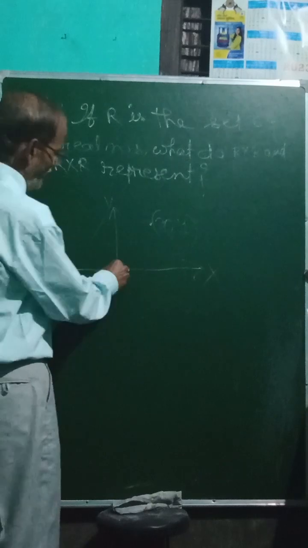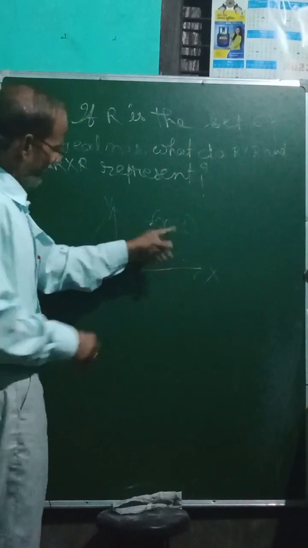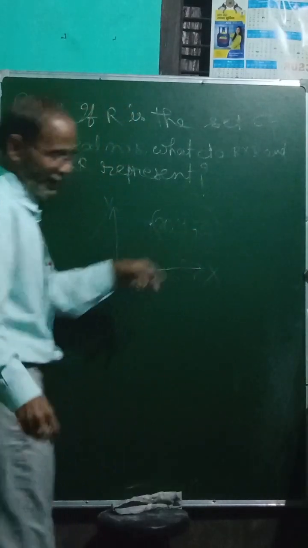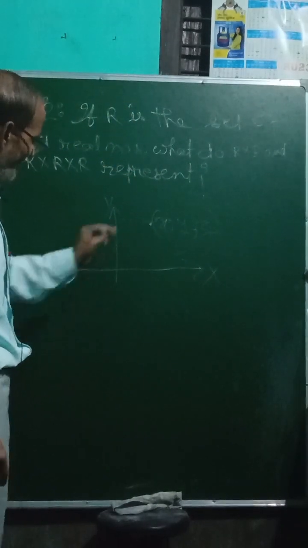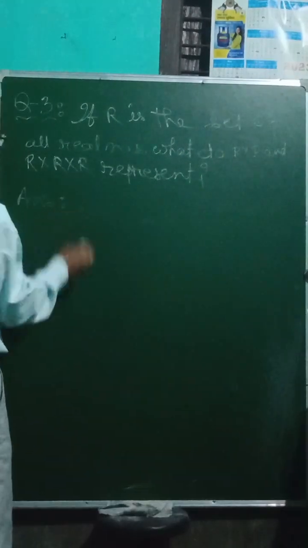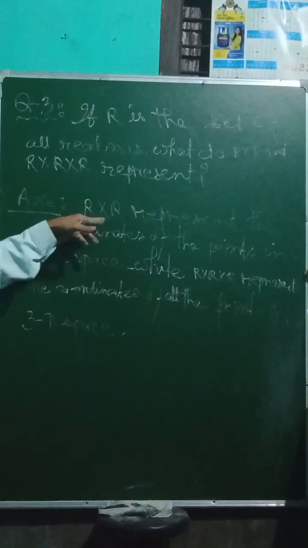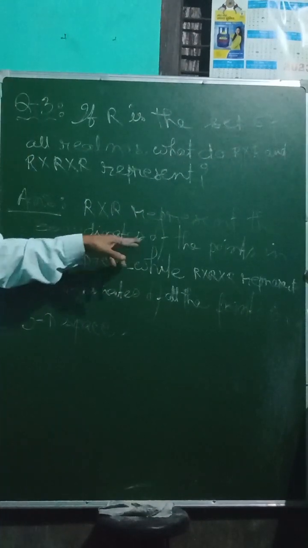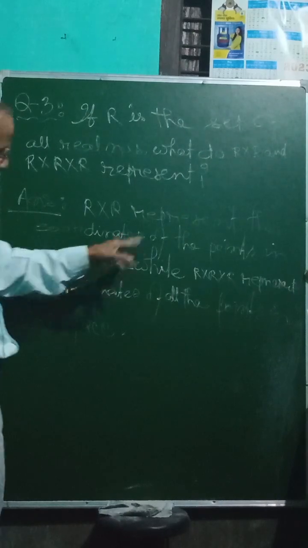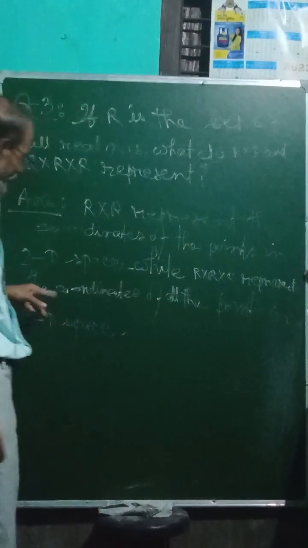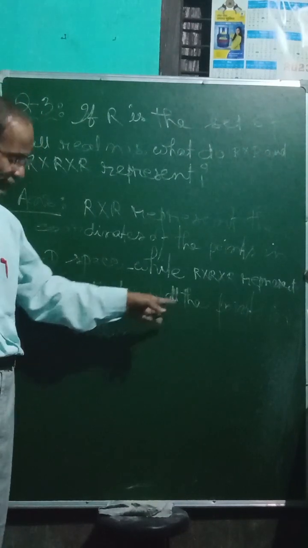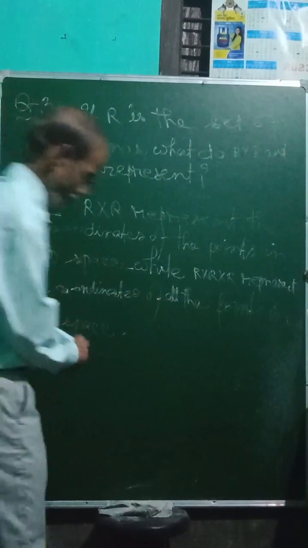Similarly, if the z-axis is here, then (x, y, z) will be added as another dimension in space. All are real numbers. So briefly we can answer: R cross R represents the coordinates of all the points in two-dimensional space, while R cross R cross R represents the coordinates of all the points in three-dimensional space. Okay, this is the answer.